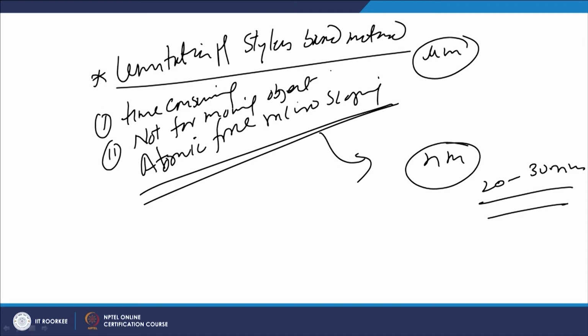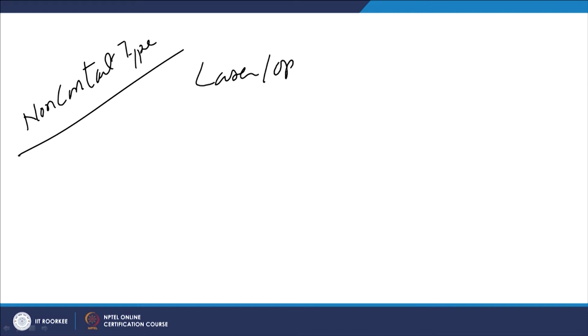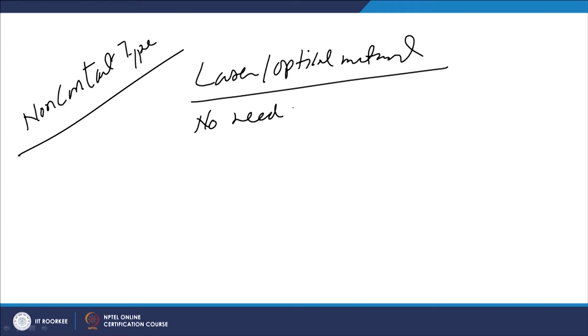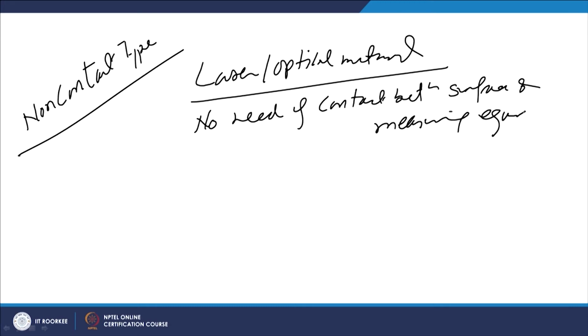There is another category, which is the non-contact type of surface roughness measurement. It uses laser or optical methods. In this case, there is no need of contact between the surface and the measuring equipment. So, this is one very good side. And how does it work?